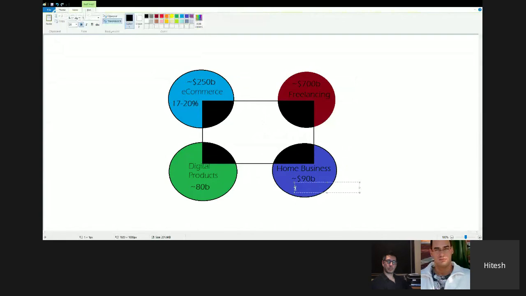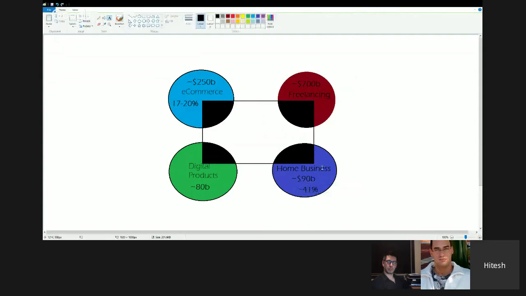You have the home business industry, where the average profit margin for a company operating here is roughly 41%. Okay, that's why you see so many companies being created, because it's very good for the companies if they pull it off right. Most companies do not lose money unless they have bad management or they just do things the wrong way.